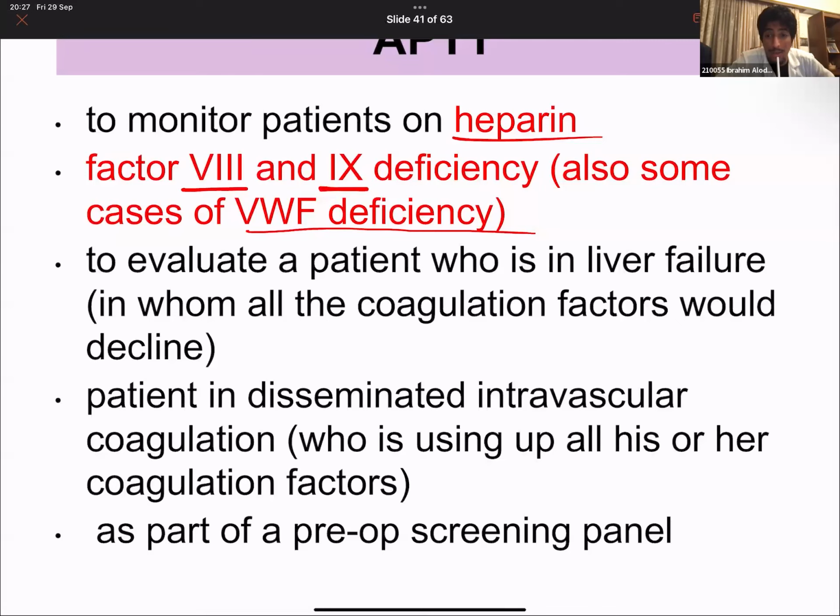Try to remember, what does von Willebrand do? Why is von Willebrand disease also considered a secondary hemostasis disease? Should I help you guys? Should I tell you? Do you want to think? You want a hint? I gave you a hint.